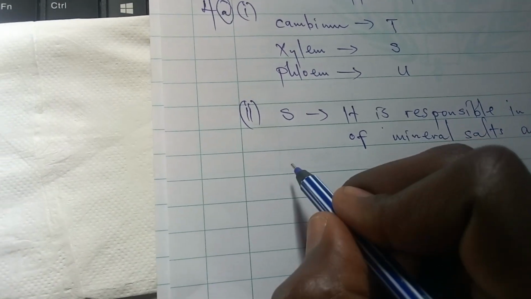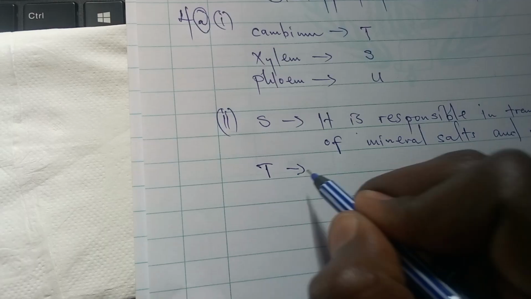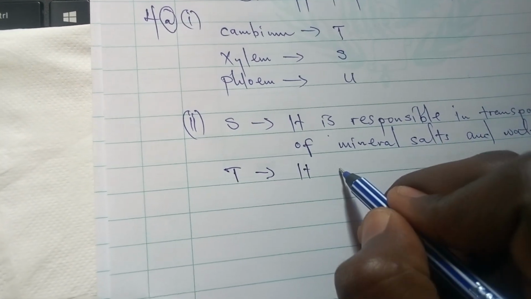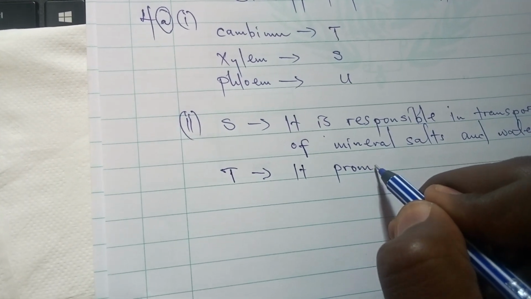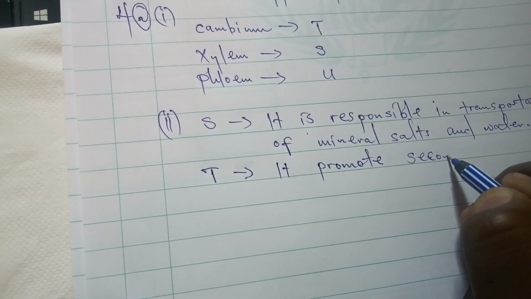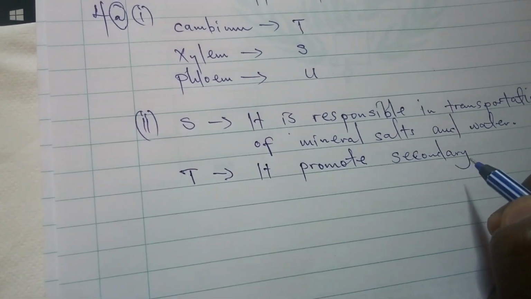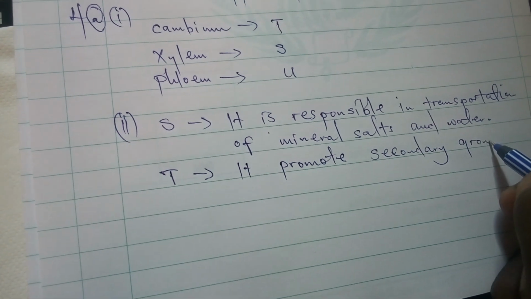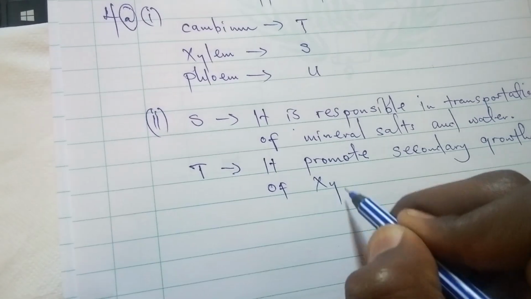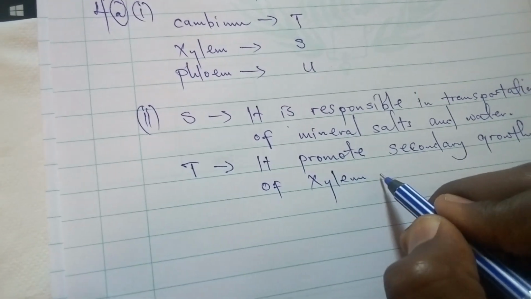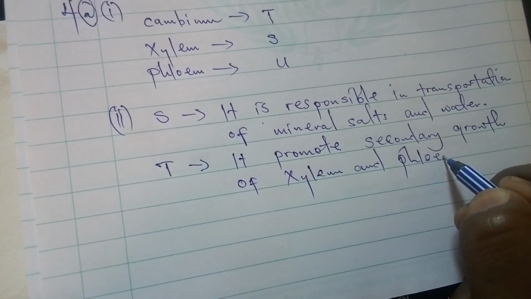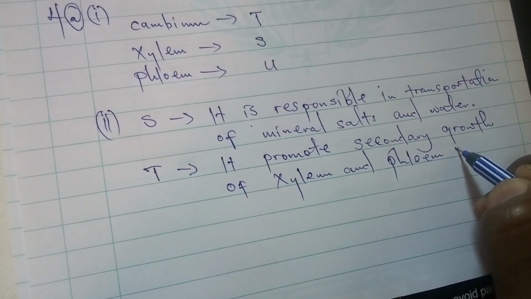And then T, which is cambium, promotes secondary growth of xylem and phloem tissues.